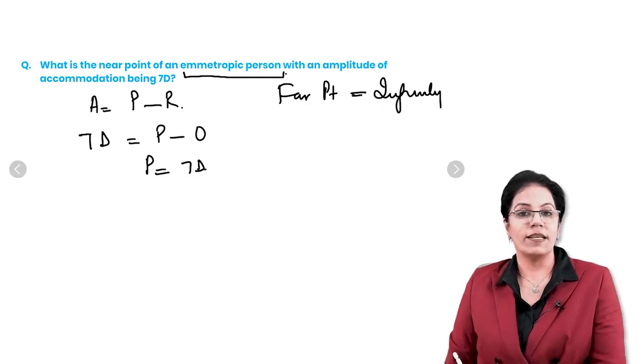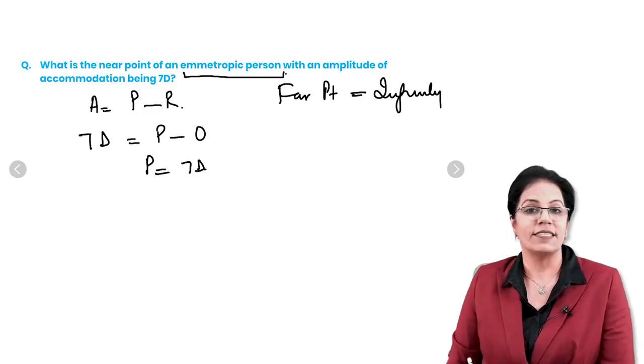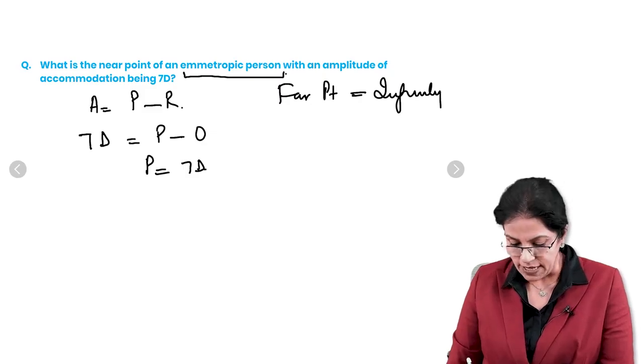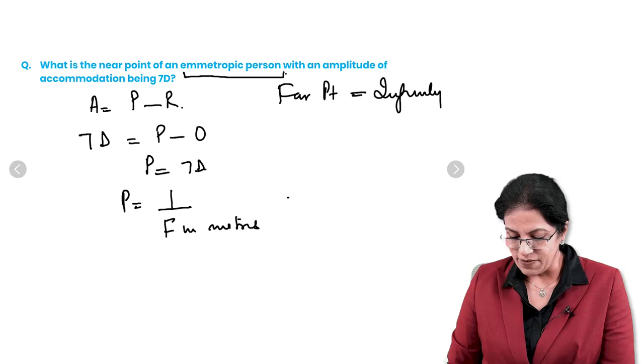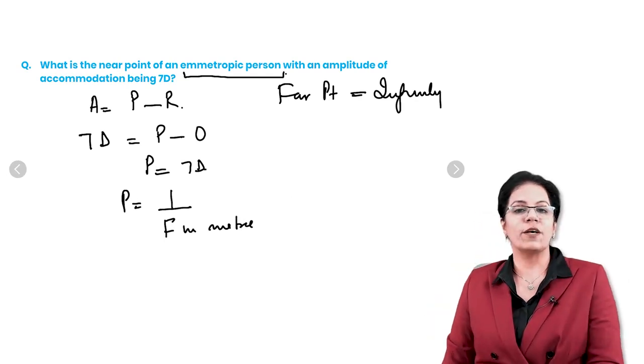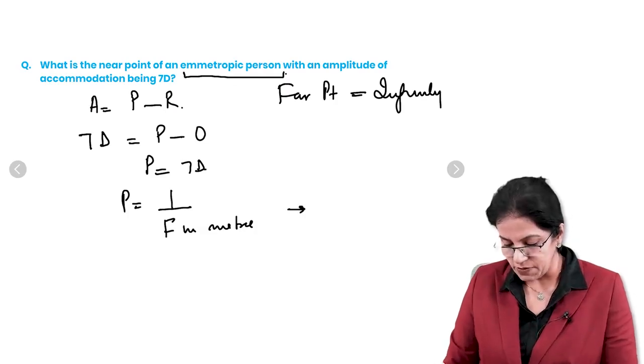But what is the question? They are asking you the near point, so you have to tell the distance. How do you calculate that? We all know that power is equal to 1 upon focal length in meters. This is 7 diopters, so you have to convert it.